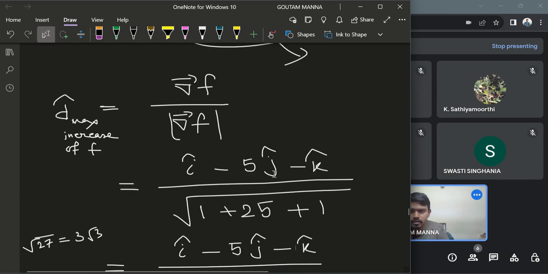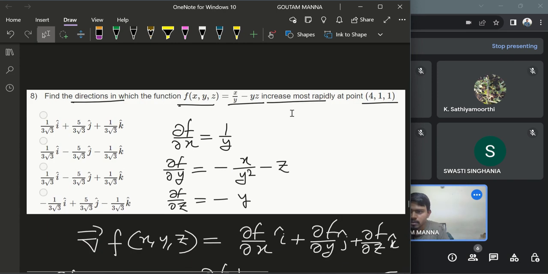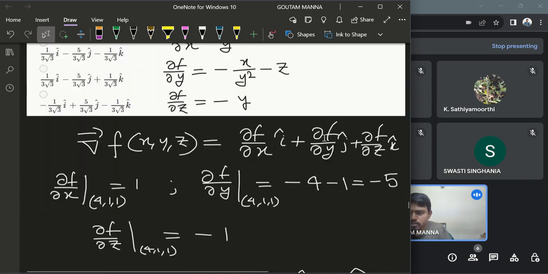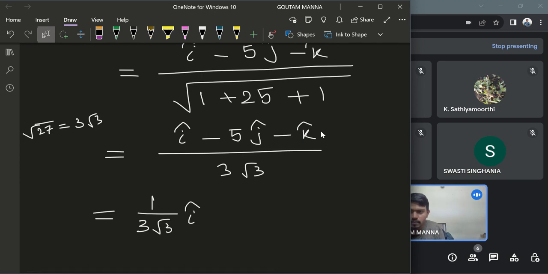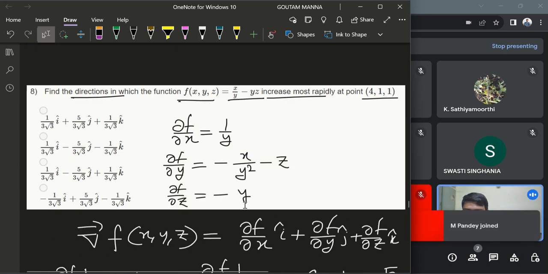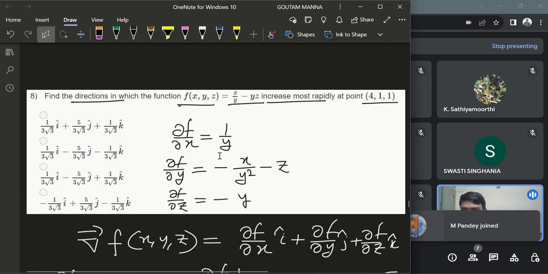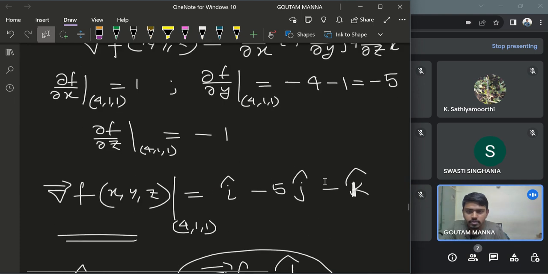This is the direction along which the function increases most rapidly. So which one is the correct one? Dividing by 3 root 3: 1 by 3 root 3 i cap minus 5 by 3 root 3 j cap minus 1 by 3 root 3 k cap. So this will be the third one. The third one is the correct option.